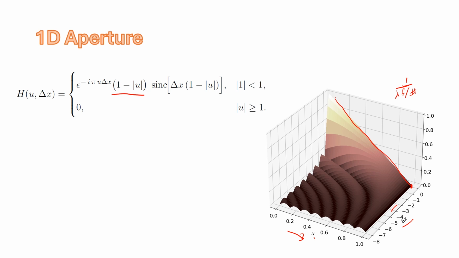Now the envelope stays the same. No matter what delta x we have, the envelope is going to be this 1 minus magnitude u, the same optical transfer function we have. So we don't get a higher bandpass there. No matter what value of delta x we measure, no spatial frequencies greater than 1 over lambda f number are available for measurement in the output plane. But the relative value of different spatial frequencies changes as a function of delta x.